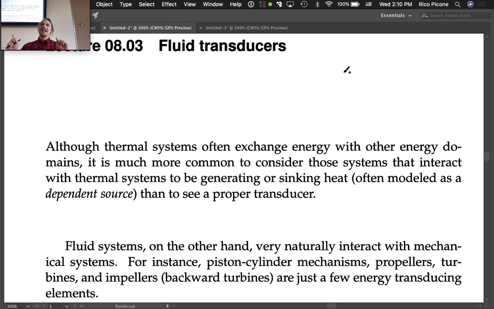So one side will get hot, one side will get cold. You can exchange thermal and electrical energy through these. And it's pretty cool. You can create a solid state cooler, meaning there are no moving parts, like a little conditioner of the temperature of something.